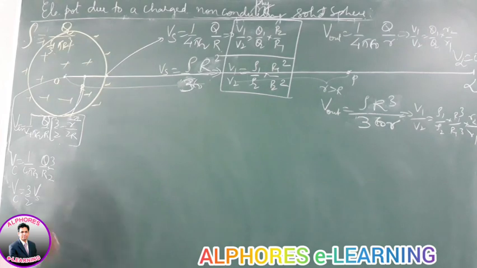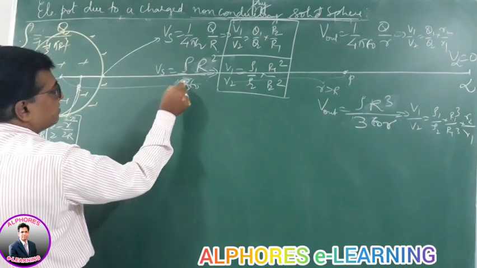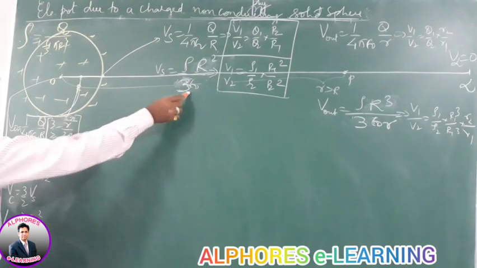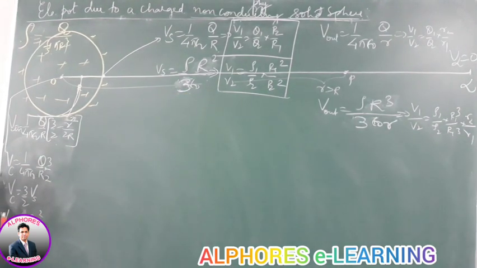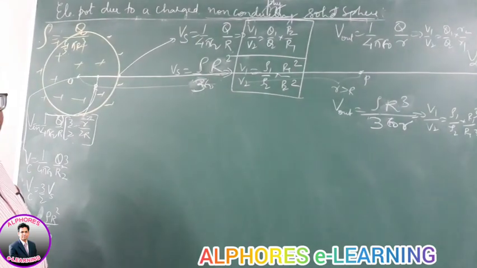Then again, in terms of rho, if I want to write it down, potential at the center is Vs, rho r square by 3 epsilon naught into 3 by 2. So 3 by 2 into rho r square by 3 epsilon naught. The 3 cancels, it is rho r square by 2 epsilon naught.